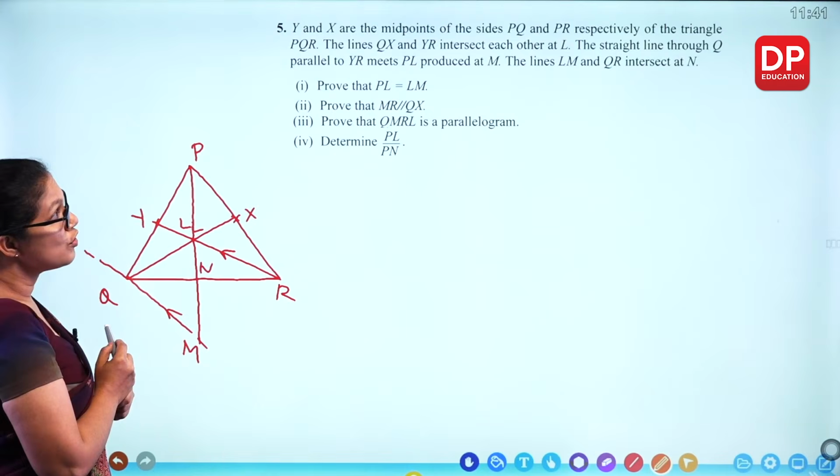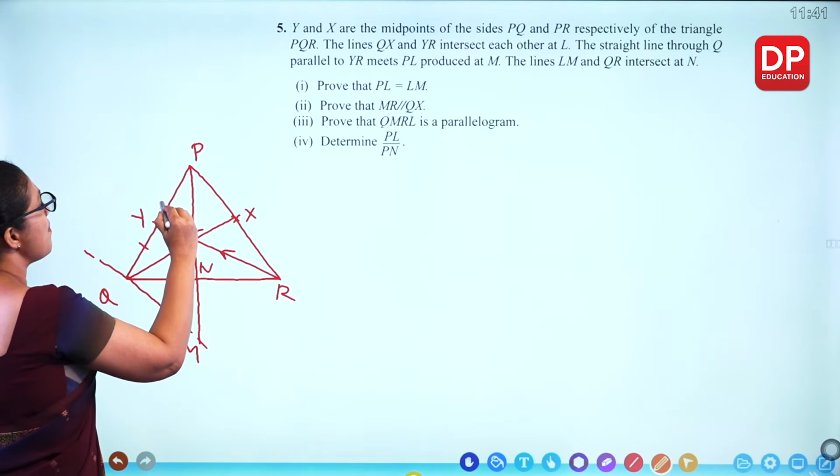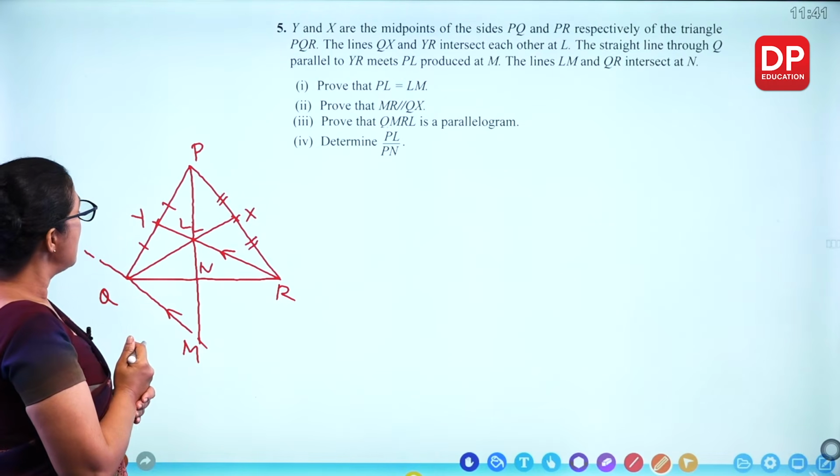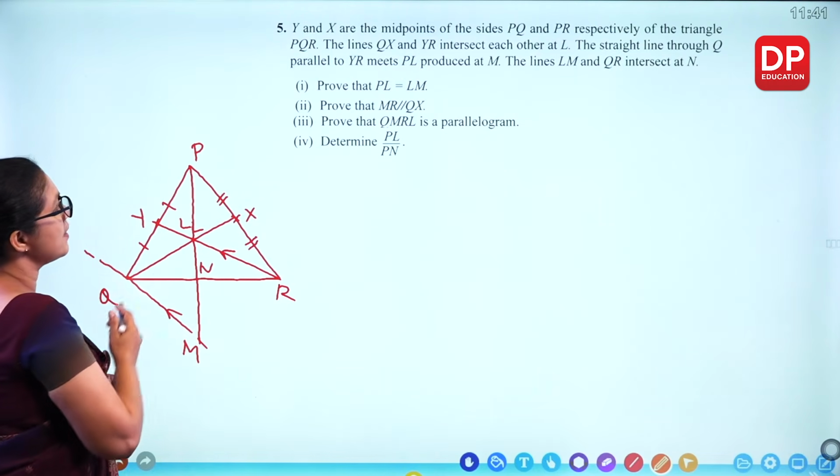And we need to mark these two pieces of information. These are midpoints. This is equal. And these two lines are parallel.